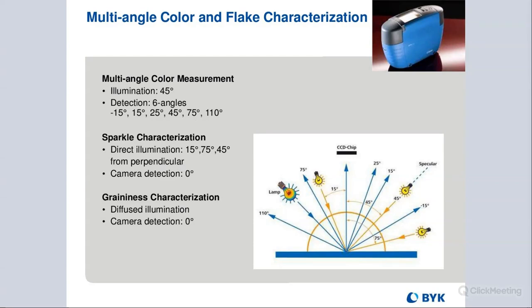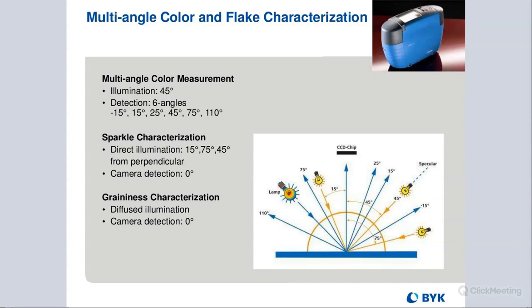Sparkle characteristics, again, the 15, the 45, and the 75, direct illumination. And the camera detection is in the middle at 0. For the sparkle, the 15 angle usually is material related. So if I don't have the correct flake, I could get a difference maybe in sparkle intensity.